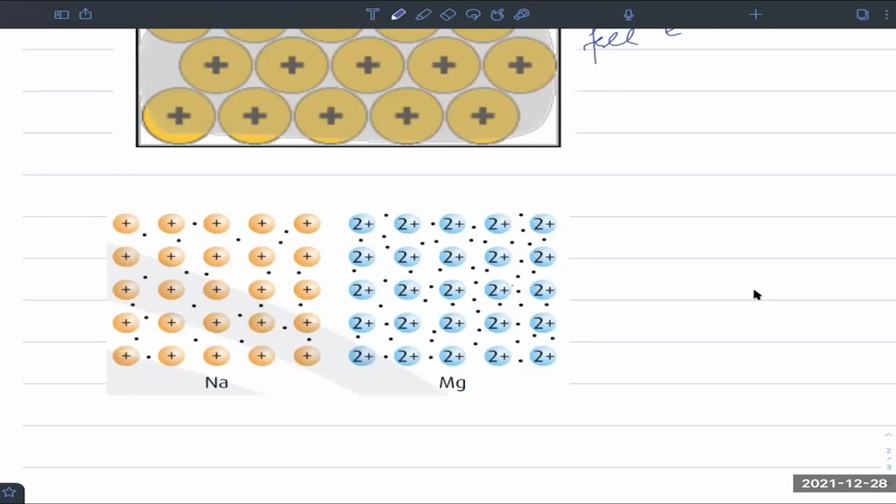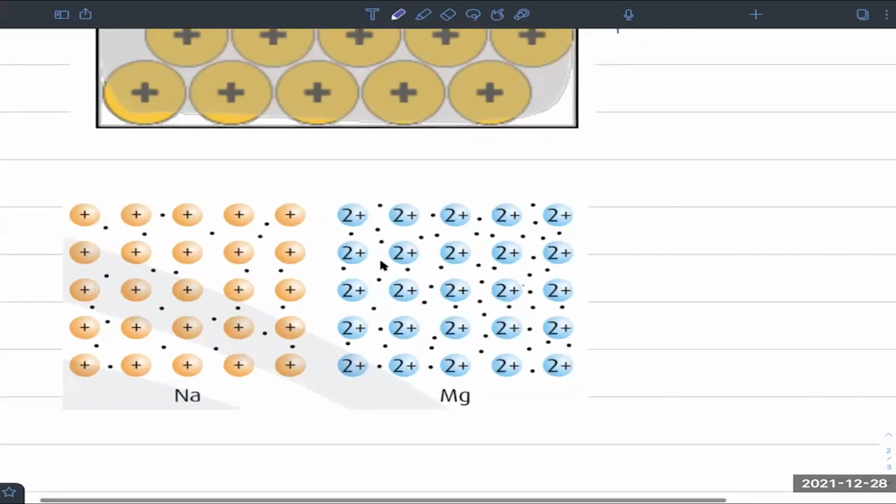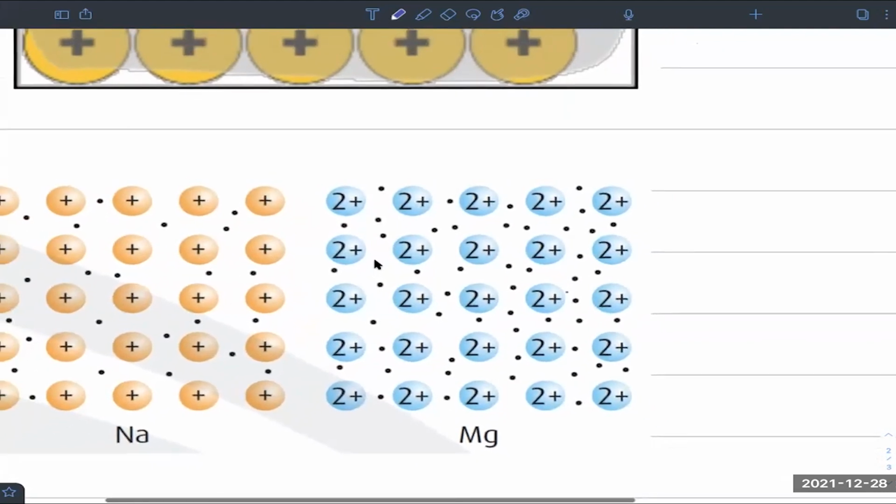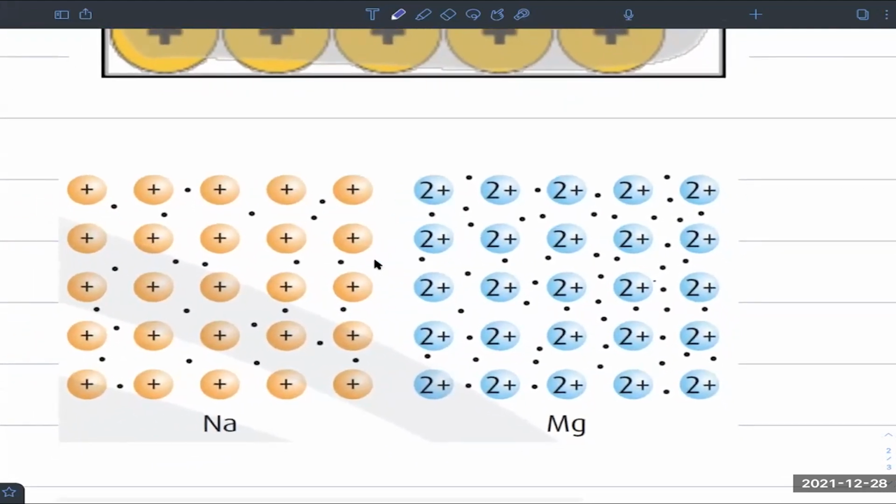But notice that in sodium, there's smaller charge. And that is why they are also further away from each other. Do you notice that? The particles are actually further away compared to the ones in magnesium. And that is because in magnesium, the charges are stronger, so they're closer together. So metallic bonding in magnesium is stronger. We would expect magnesium to have higher number of electrons in the cloud.